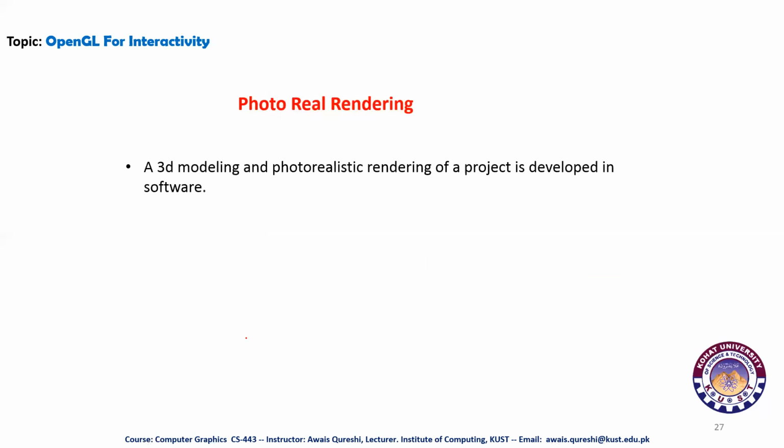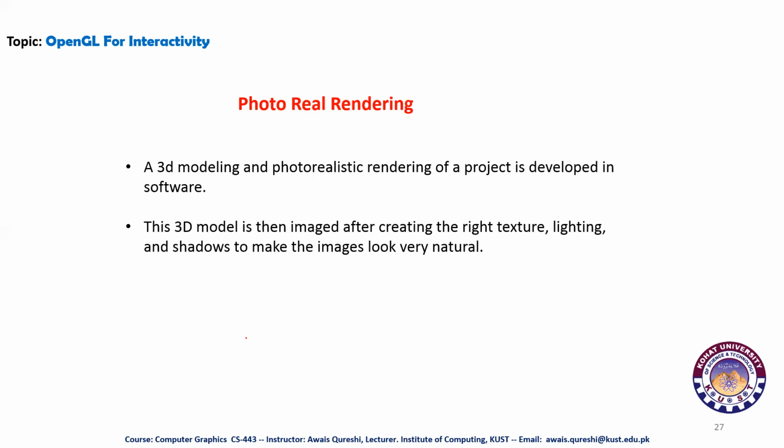So what is called real rendering? This is also a very famous concept in computer graphics. A 3D model and photorealistic rendering of a project is developed in software. If you have seen software like CorelDRAW, Adobe Photoshop, or AutoCAD, the developer or graphics designer has some image and transforms that image in that software.